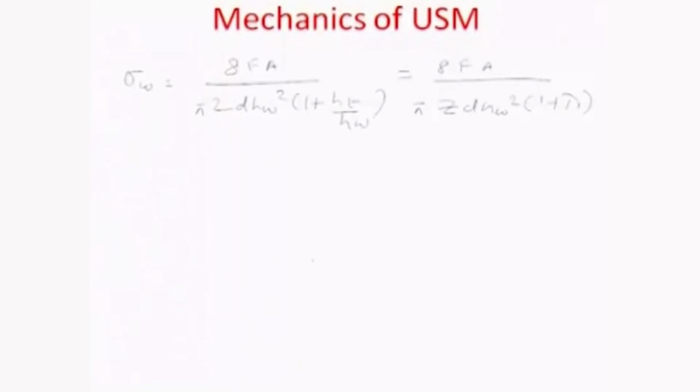And in the process of doing that, we arrived at a formulation given here in this slide, where we were talking about the ultimate yield stress of the material of the workpiece, sigma W, and we correlated this to the average force that the vibrating tool head would give on the grains, the amplitude of motion of the tool A, and the number of grains or particles making impact per cycle.